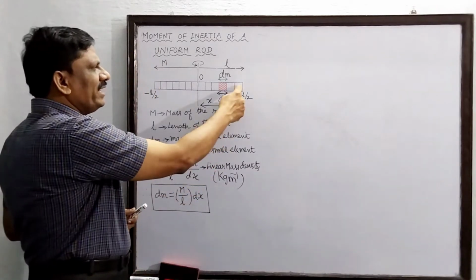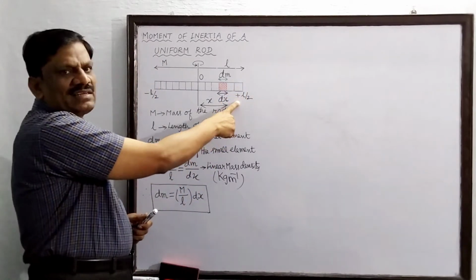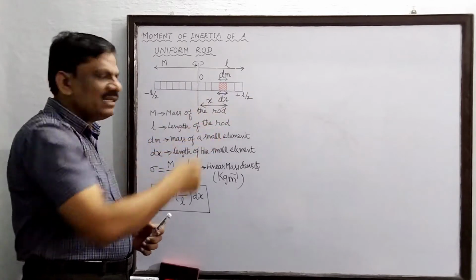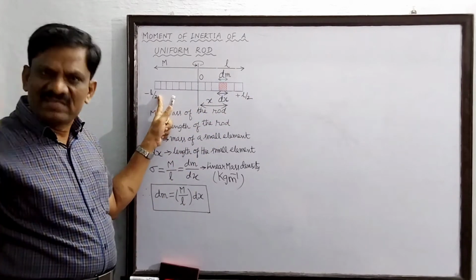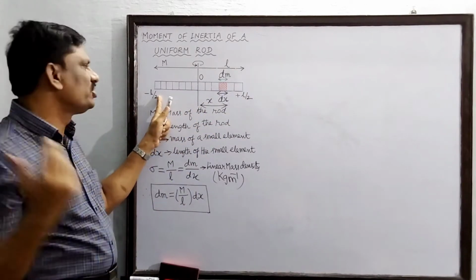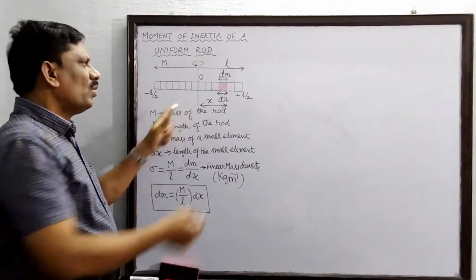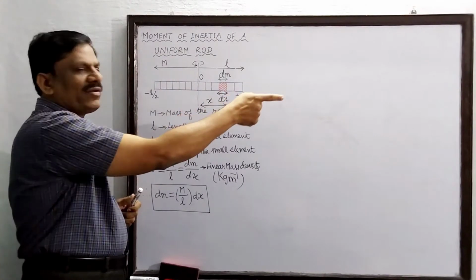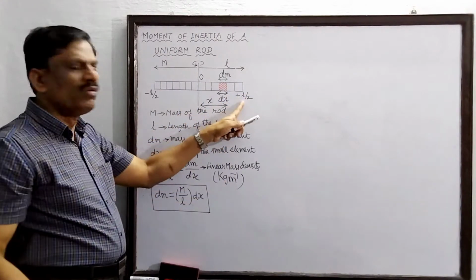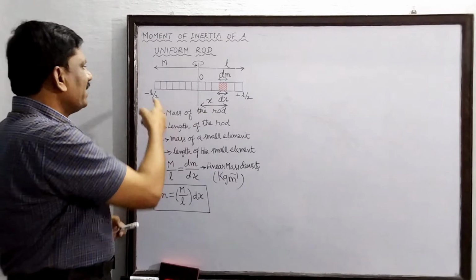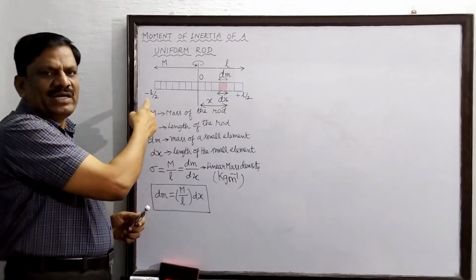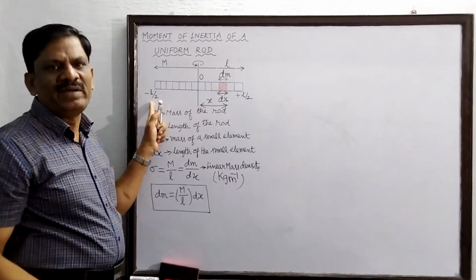Similarly, the last element on the right hand side is at a distance of plus L by 2 from the center. And the last element on the left side of the axis is positioned at minus L by 2 from the center.